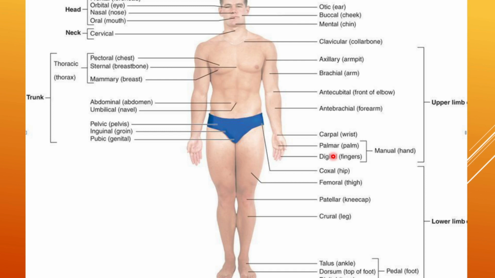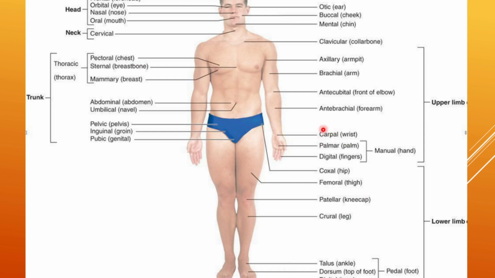I'm sure many terms will already be familiar to you, such as the cervical region for the neck, axillary region, talking about the armpit, umbilical region for around the belly button or navel area. These are all things that are in normal speech, but all of these are terms that you should be aware of.